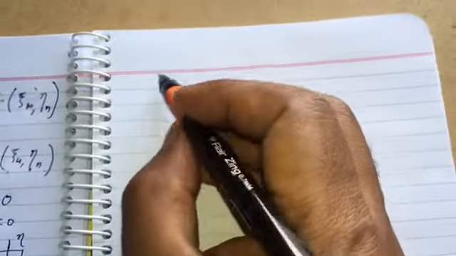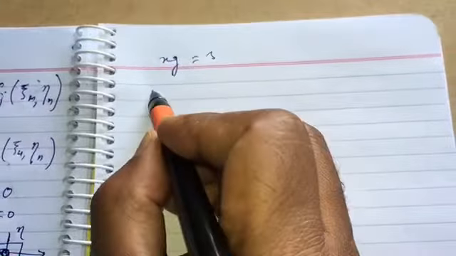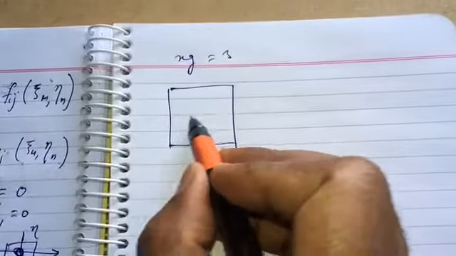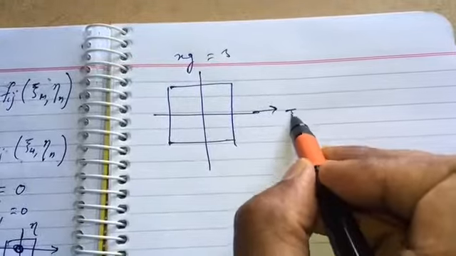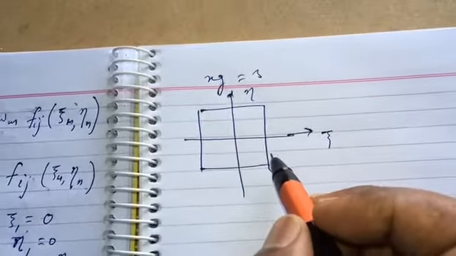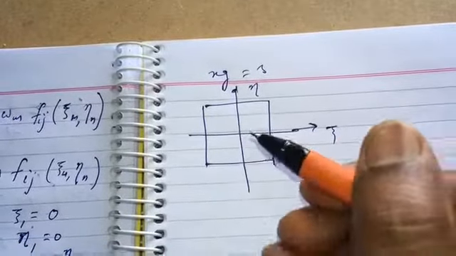If we take Ng equal to 3, then there will be 3 times 3 equal to 9 integration points. If these are isoparametric elements in the xi and eta coordinate system, there will be 9 integration points.